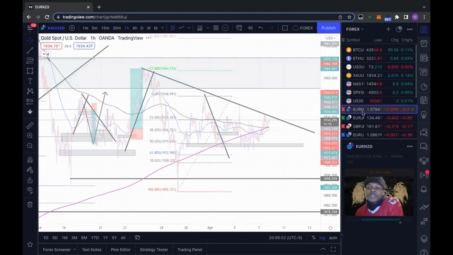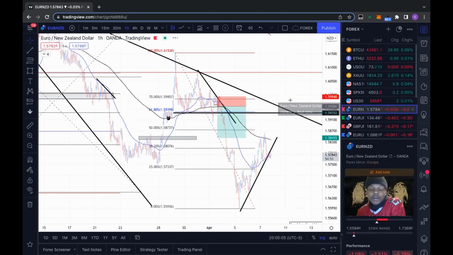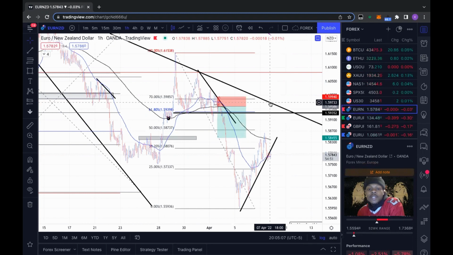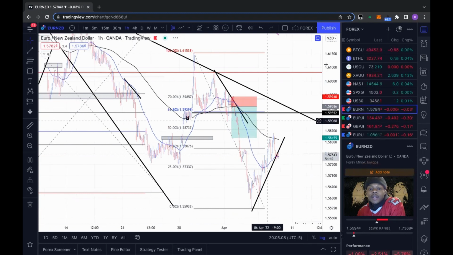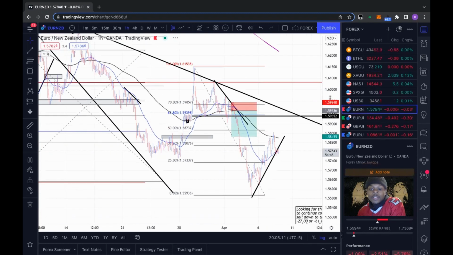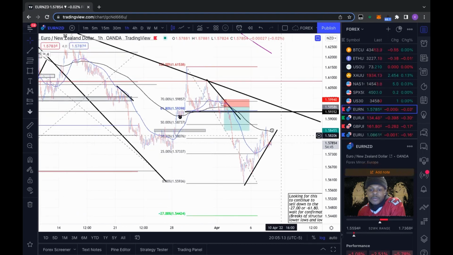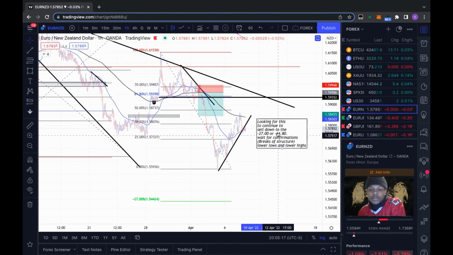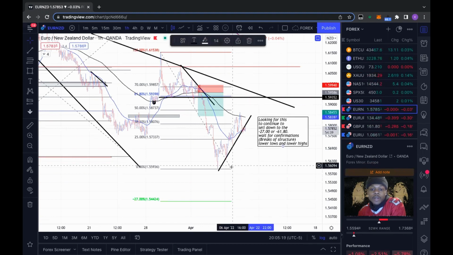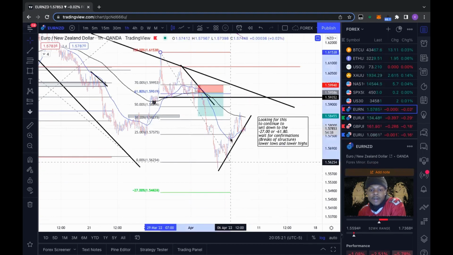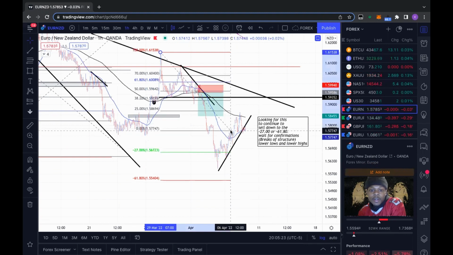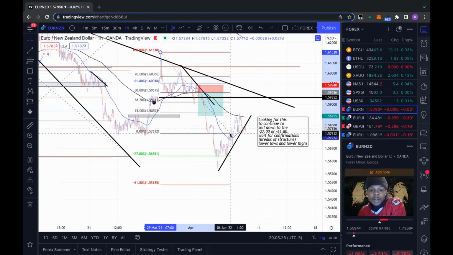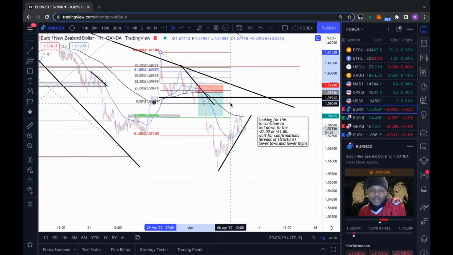So I'm gonna go over some trades that I took this week, starting with Euro NZD, and I'm gonna show you guys. So this was my note for this trade right here, right? And at first I had my, I believe my field was like right here. Or no, it was right here.